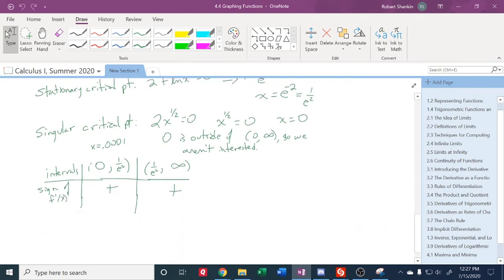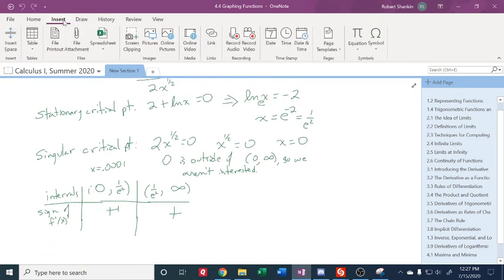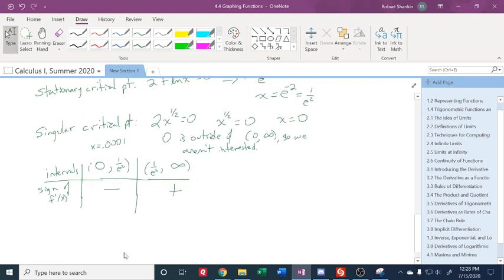So, let's go. All right, so now what I can see is that in this interval it is decreasing, in this interval it is increasing, so I'm kind of drawing a rough little graph.